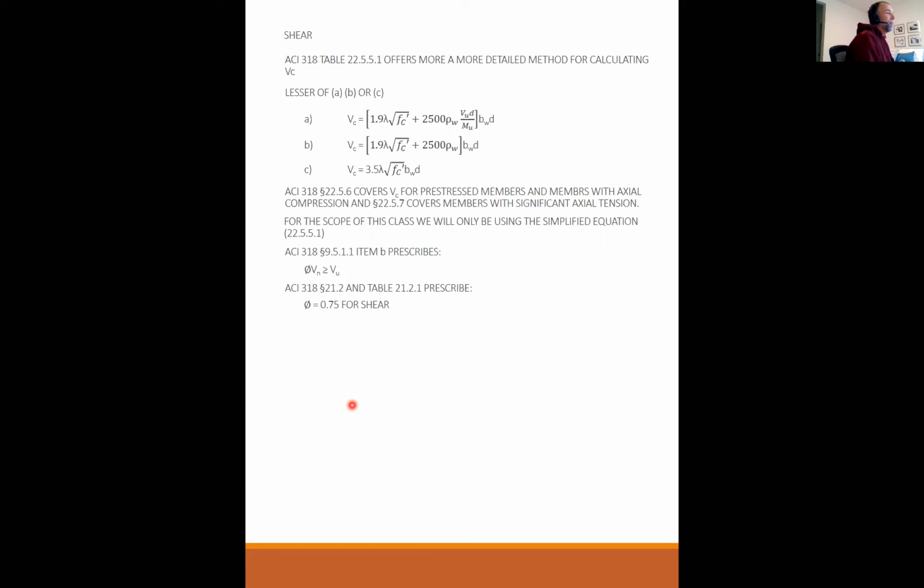The other part about this is that beams, if they were under-designed and they fail in shear, particularly if they have low amounts of shear reinforcement, it can be a quite sudden and brittle failure, a very devastating failure because there's no chance of evacuating a building. So again, anything that has a sudden or brittle type of failure is going to have a fairly low phi factor. So that's the other part of it.